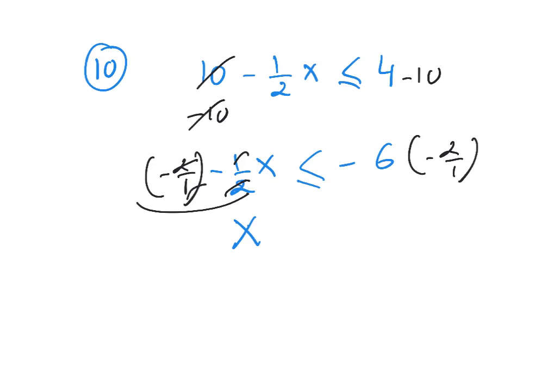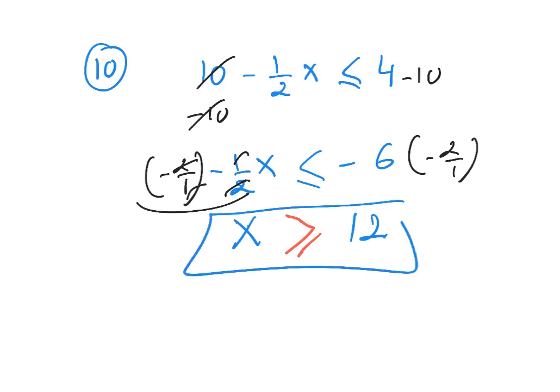Because we multiplied by a negative value, make sure you reverse the direction of the inequality. It's going to be greater than or equal to. On the right side, negative times negative is positive, and 6 times 2 is 12. So the answer is x greater than or equal to 12.